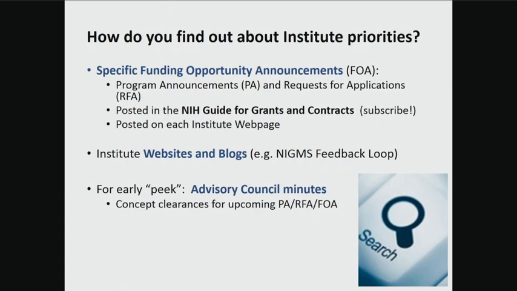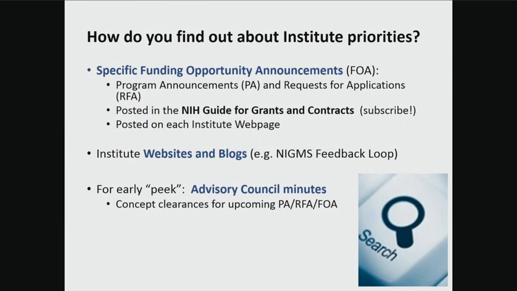Now, every one of those 24 institutes has a website. Obviously, you can't be monitoring 24 institutes' websites, but some of us have blogs you can subscribe to, and anytime we have an opportunity coming up, like right now, there's some money for equipment supplements for our current grantees. That's in our blog.